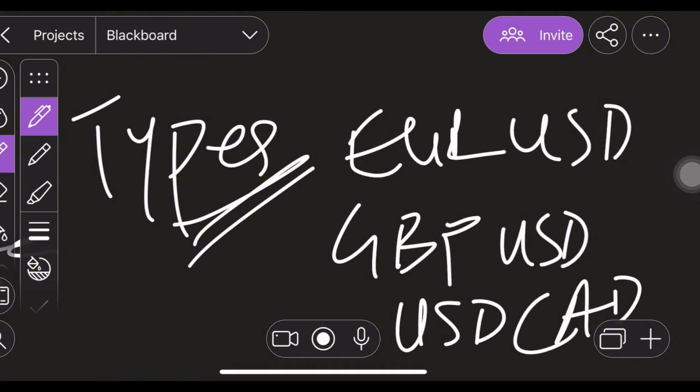The summary is that major pairs always contain USD, be it on the quote side or on the base side. USD is the quote currency in EUR/USD, but in USD/CAD, USD is the base currency.